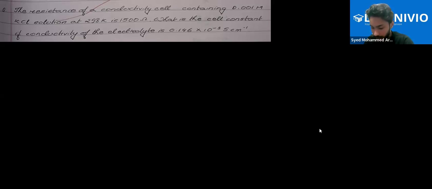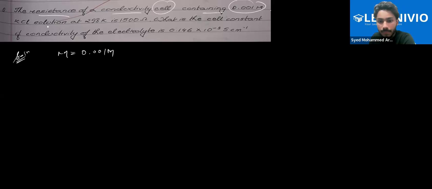Let's solve. The cell contains a solution with concentration M equals 0.001 molar, and the resistance R equals 1500.